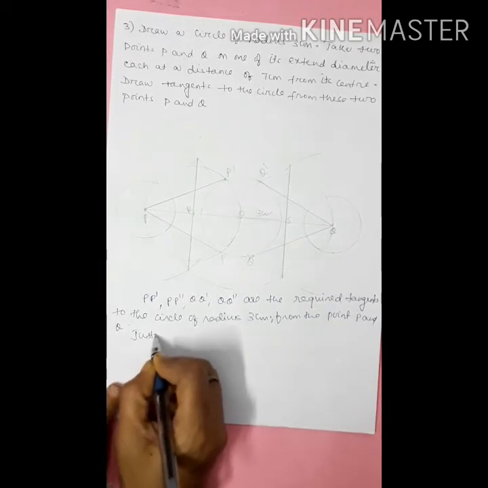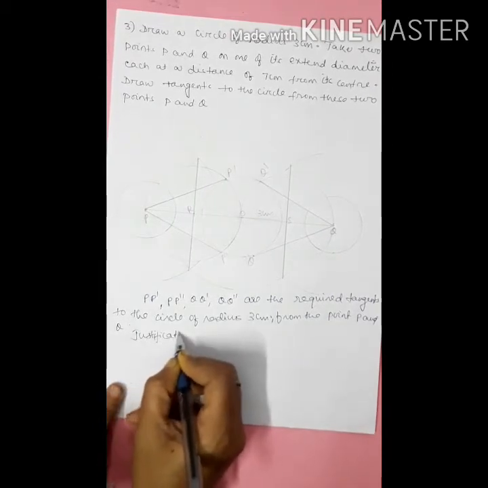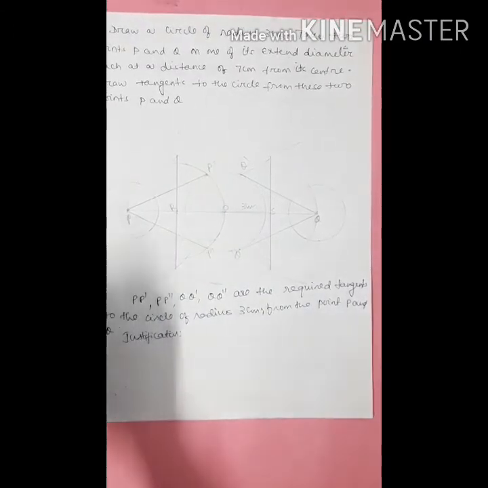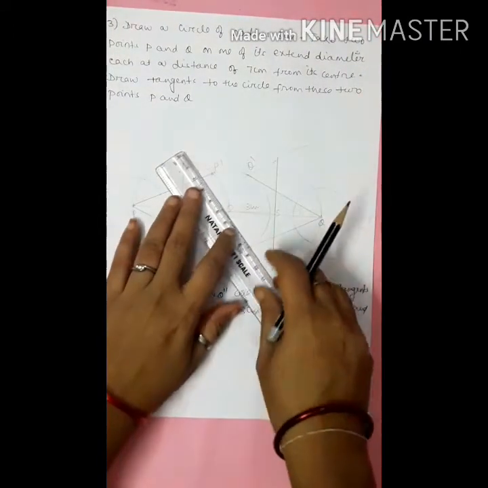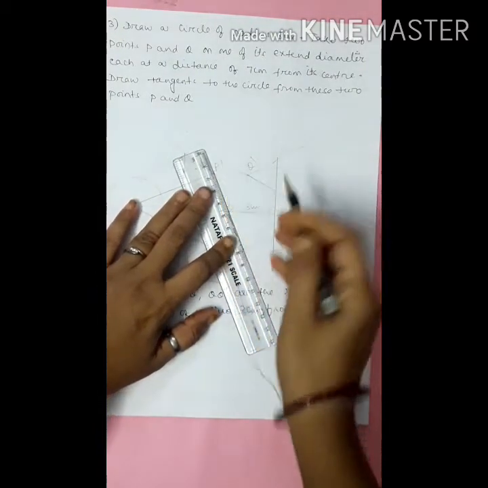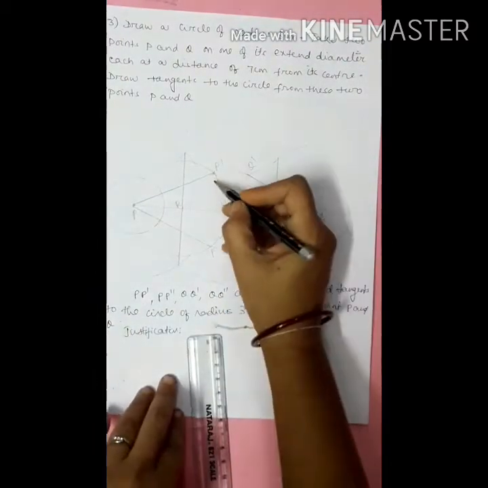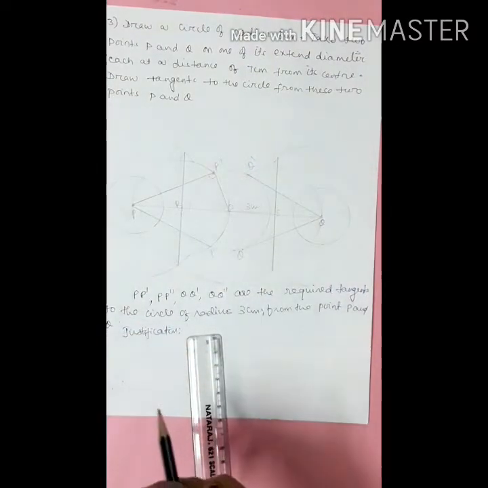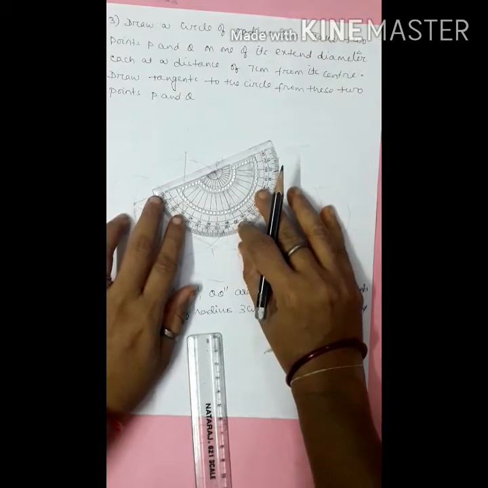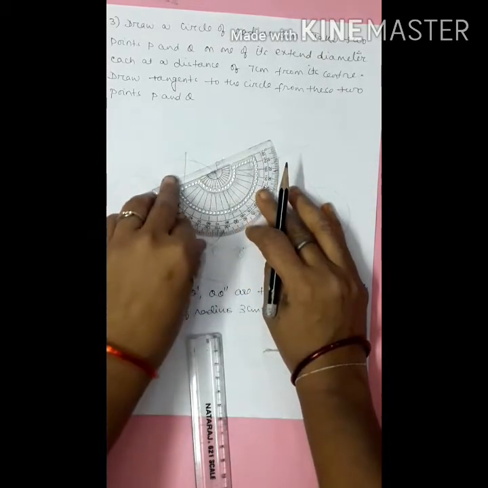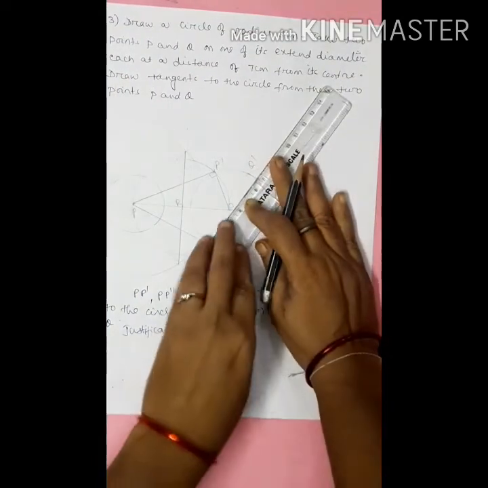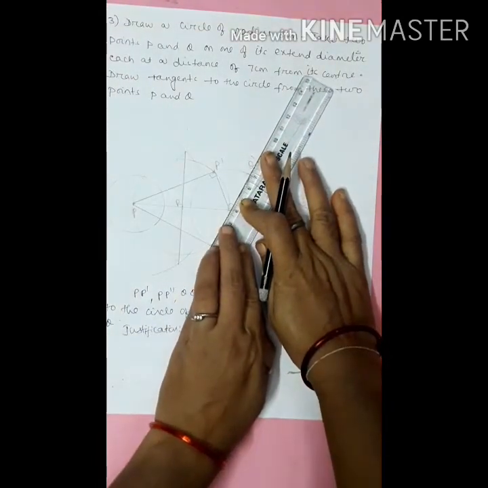How will you do the justification here? Now you have to join O to P dash. This is the radius of the circle. Now what will it become here? 90 degrees. Measure this. What do we get here? 90 degrees. Similarly, join O to Q dash.